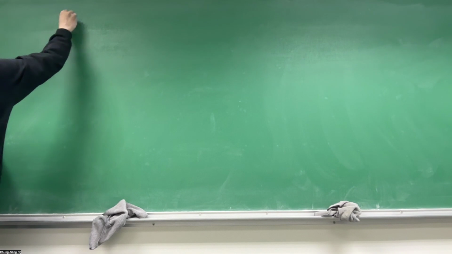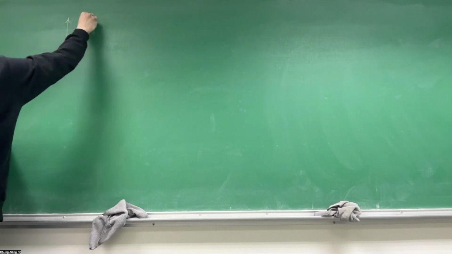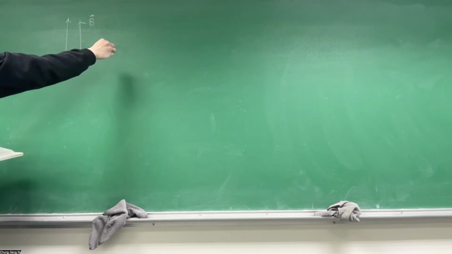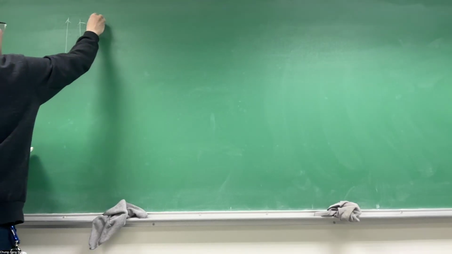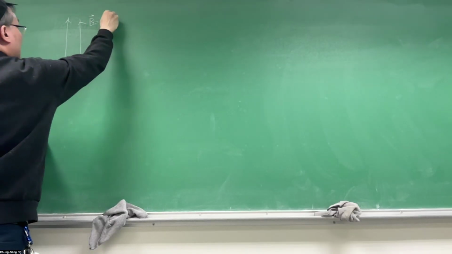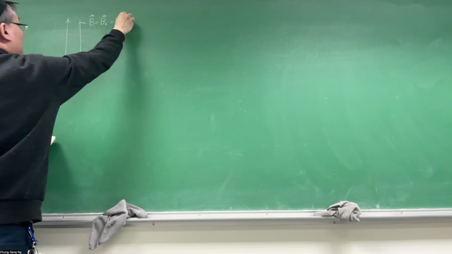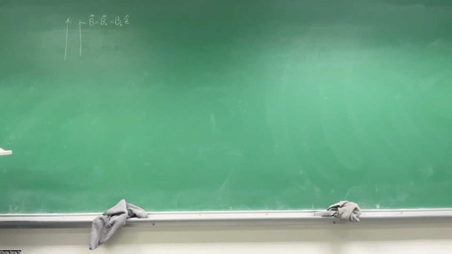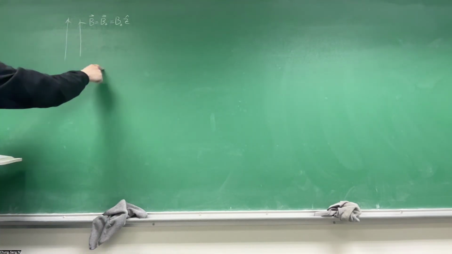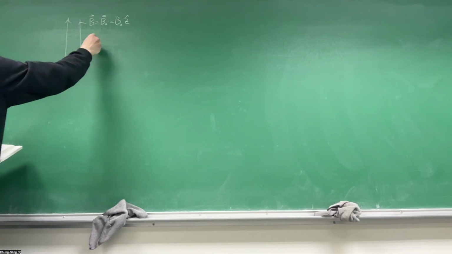So you have a background magnetic field, B0, with magnitude B0 in the Z direction. You assume there are free electrons.